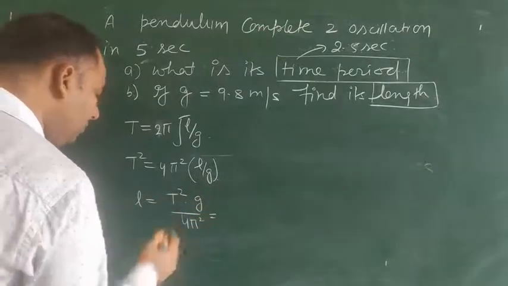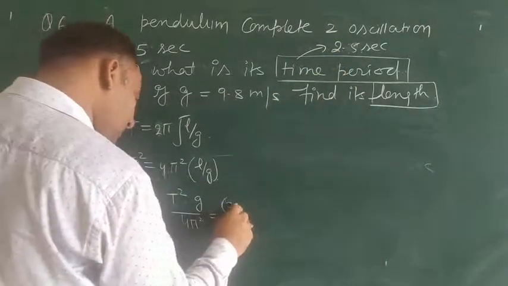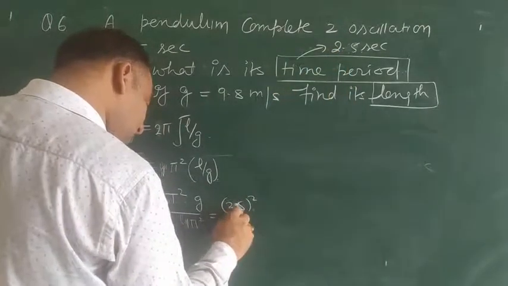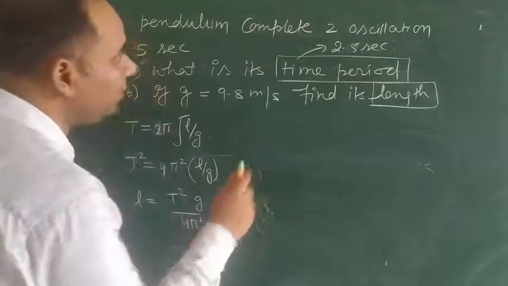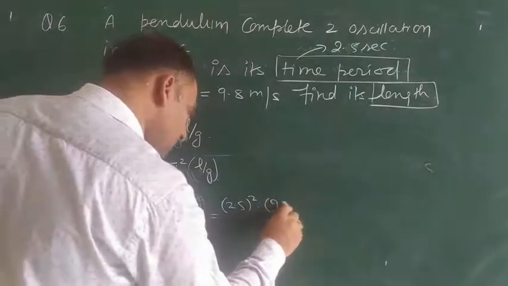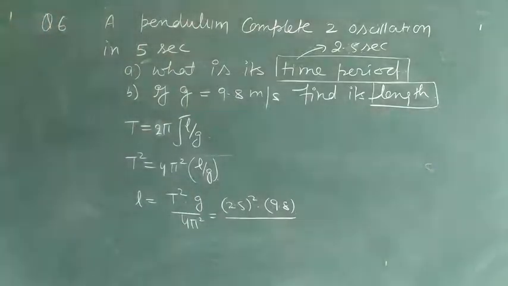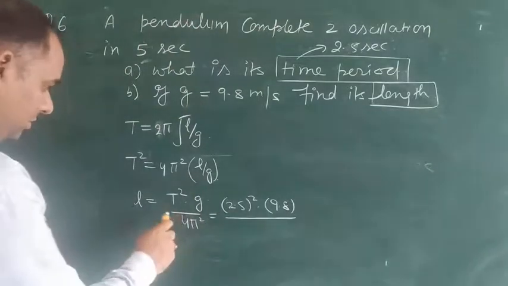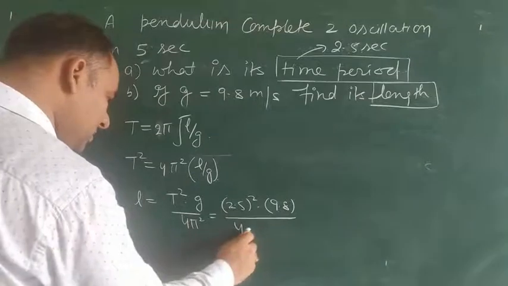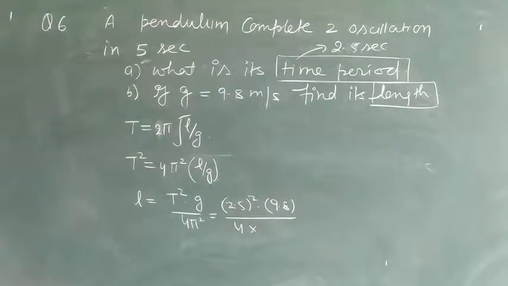Put the value of time period, that is 2.5 whole square into the value of g. The value of g here is 9.8, not given. Okay, then the 4 as it is, pi square, the value of pi is 3.14 and the square of 3.14 is 9.85.